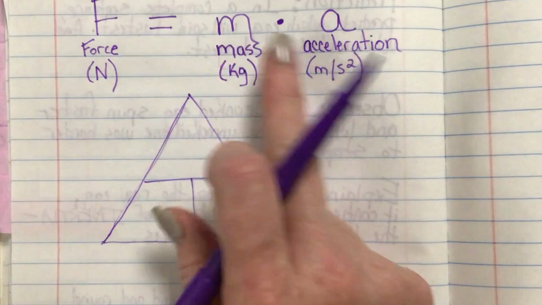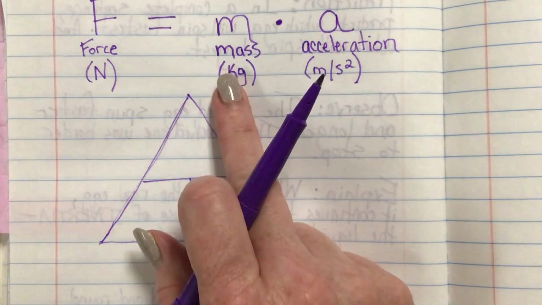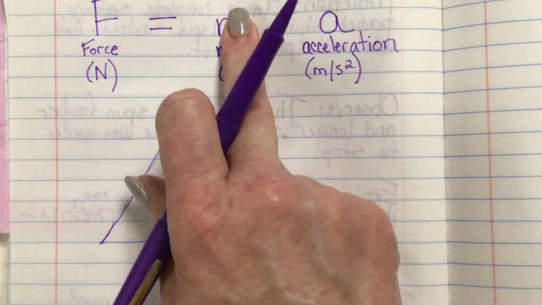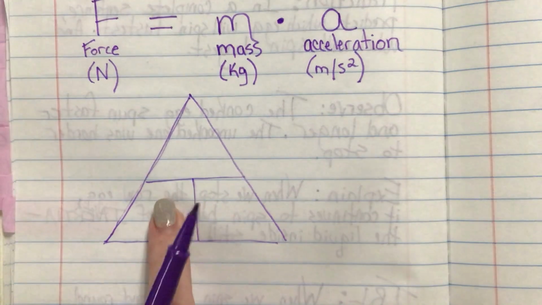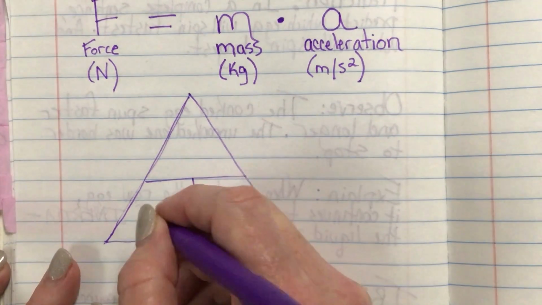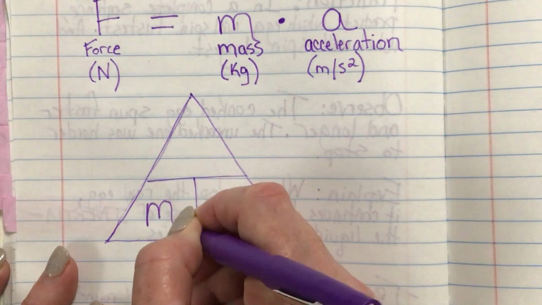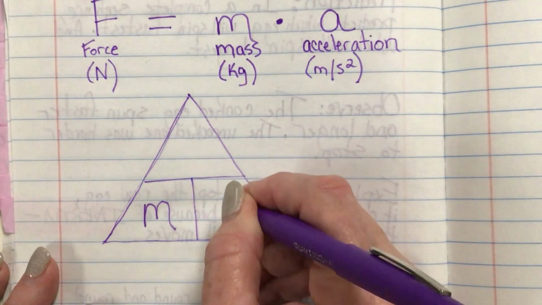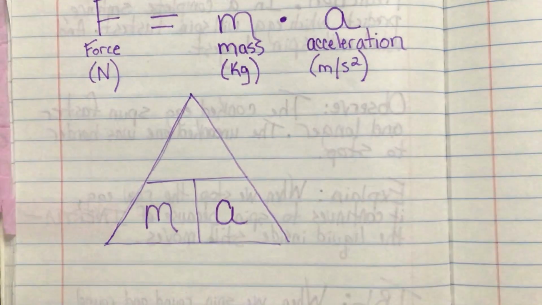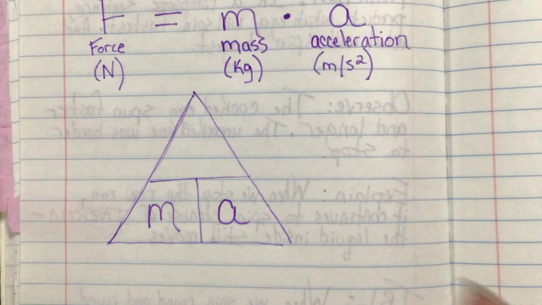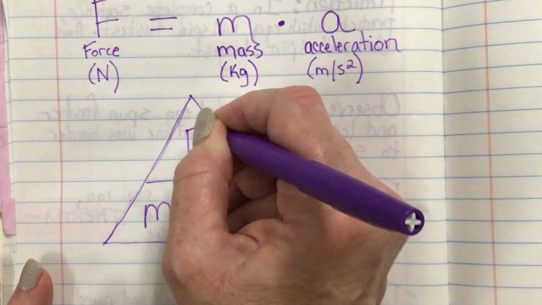The mass and the acceleration are going to be next to each other. We're going to put mass on the bottom, acceleration next to it, and force up top.